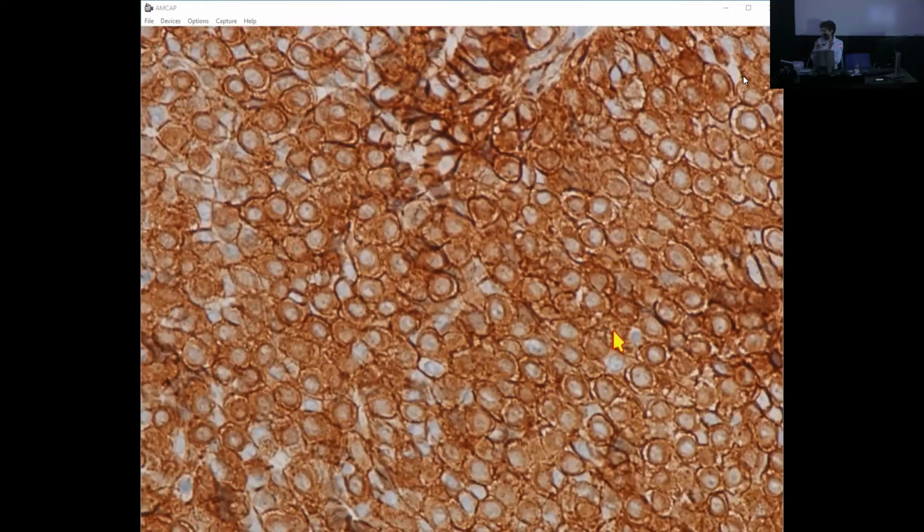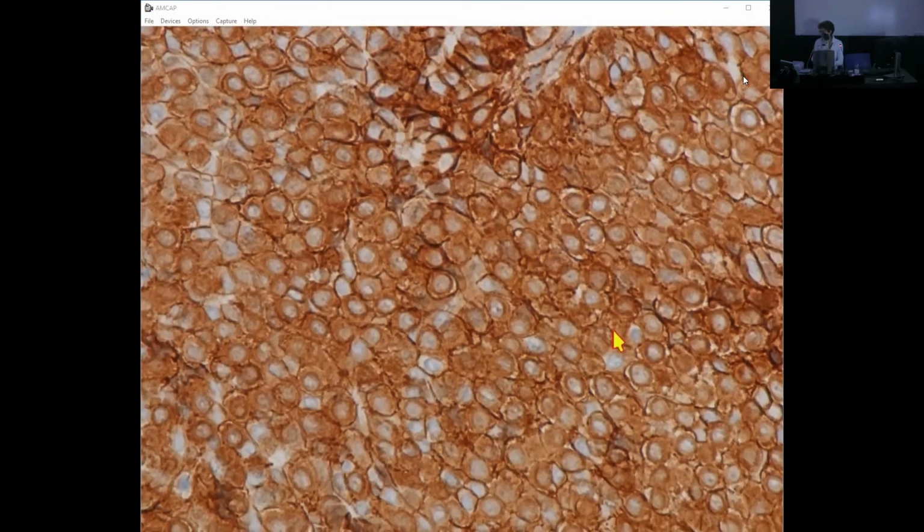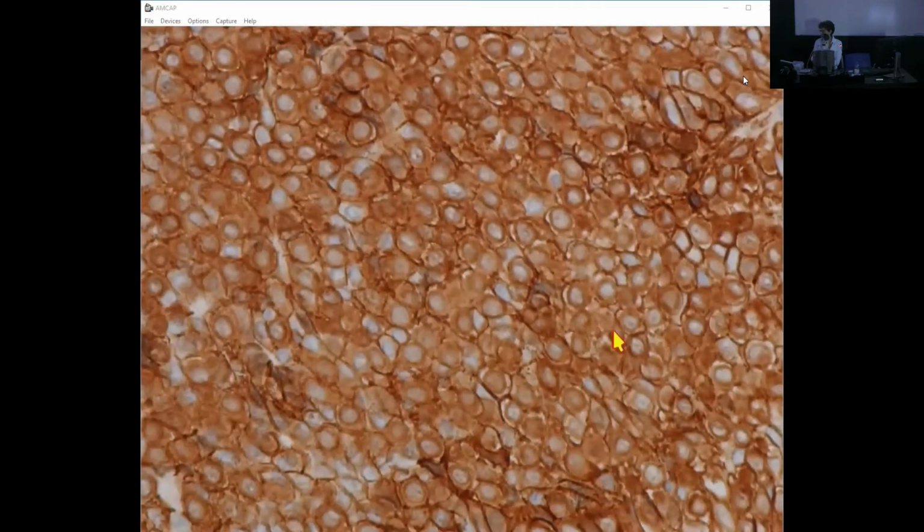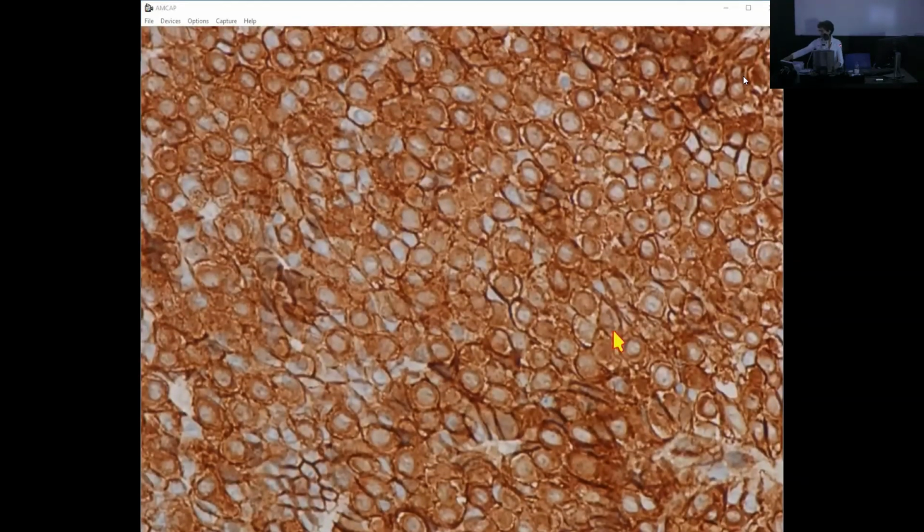It's easier to see a negative stain in this setting, but here there is a beautiful cytoplasmic staining, and the residual ductal cells are still positive. There are a few down here, for example.